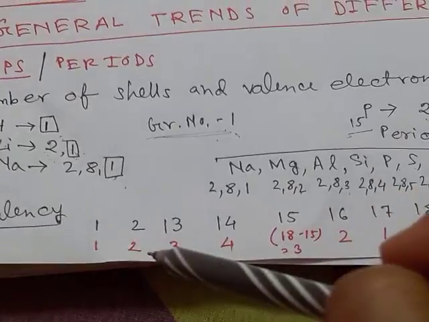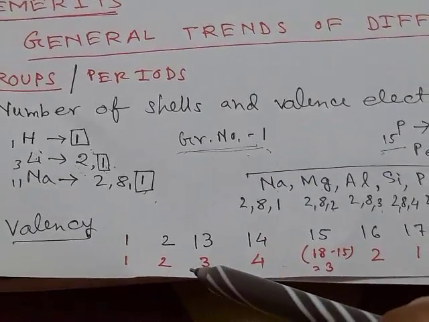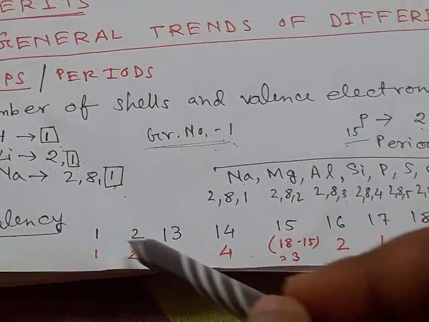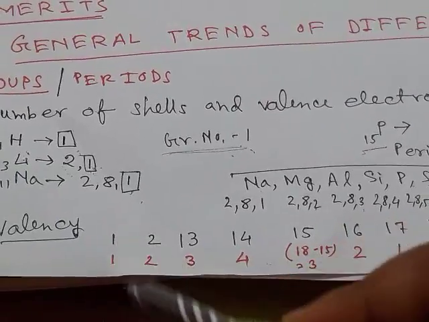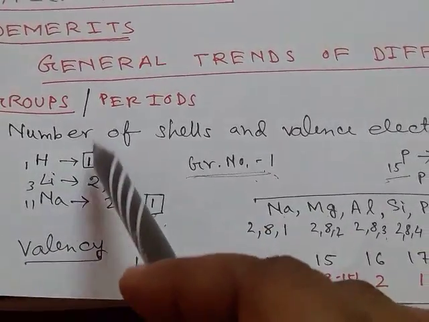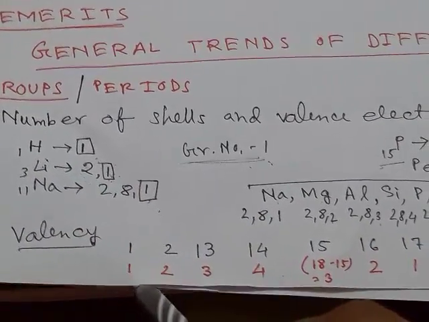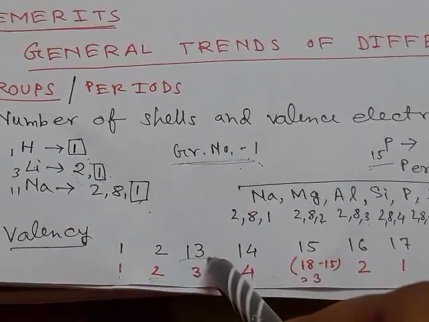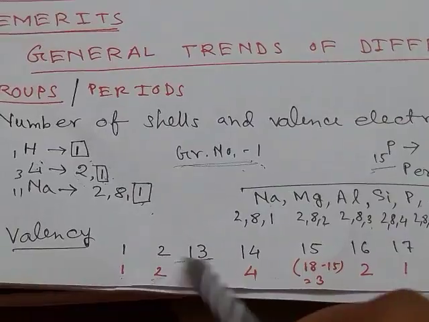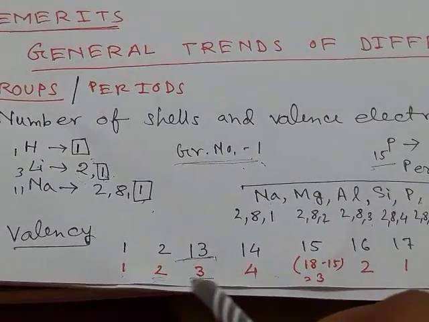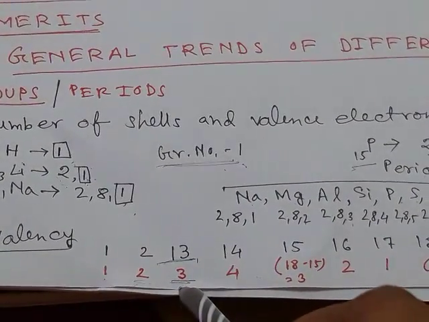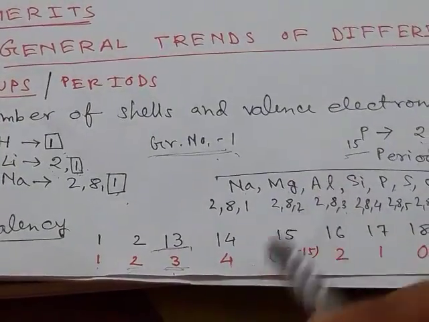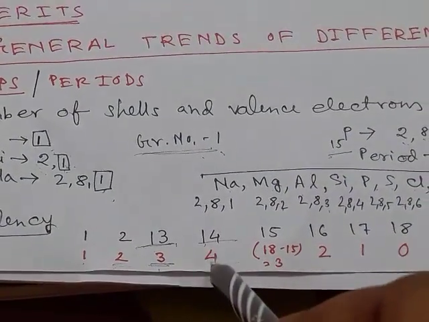If we see the groups, for the first group there is 1 electron in the valence shell, so it can donate 1 electron, valency 1. Second group, valency 2. For group number 13, valency will be 3 because it can donate 3 electrons, for aluminium. Group number 14, valency 4.